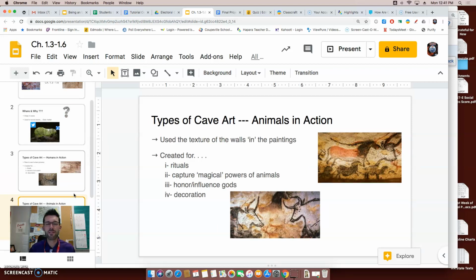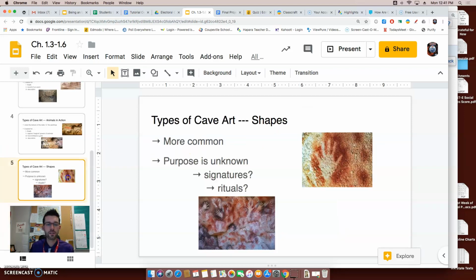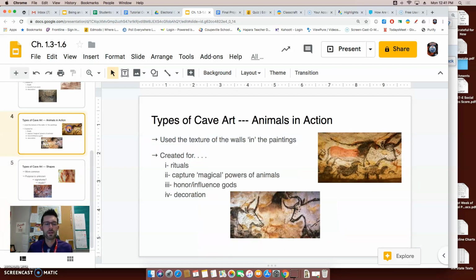The other type of cave art would be animals in action. Now, the interesting thing about this is that sometimes the creators of this kind of art used the various grooves and bumps on the cave wall and incorporated that into their picture.